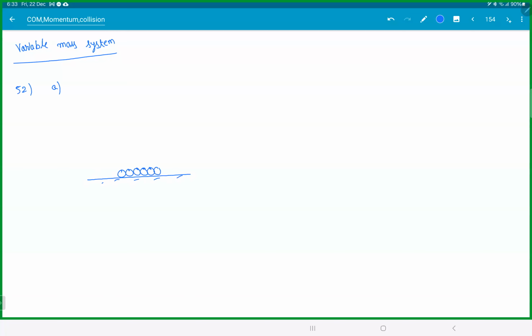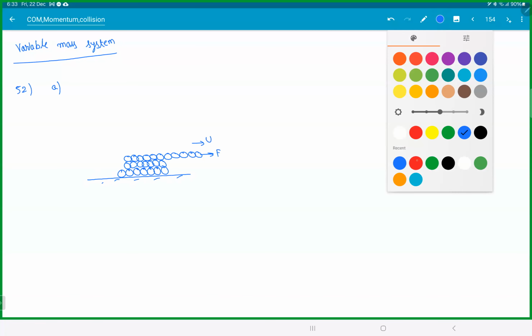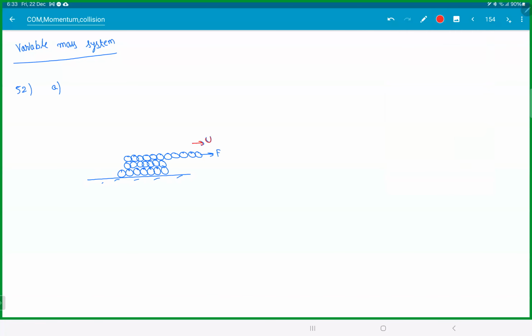Let's say we have a heap of chain. Heap matlab it's a collection. And someone is pulling it out with speed u. F. Lambda is the linear density, that is mass per unit length.